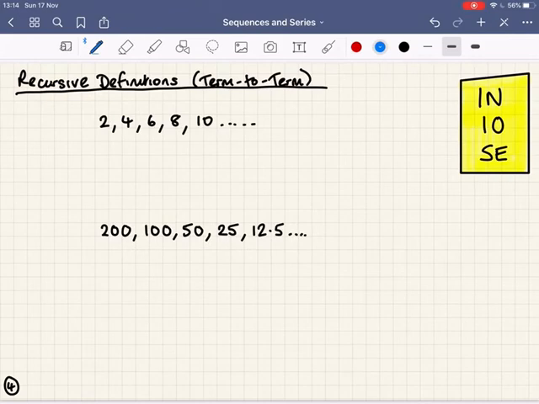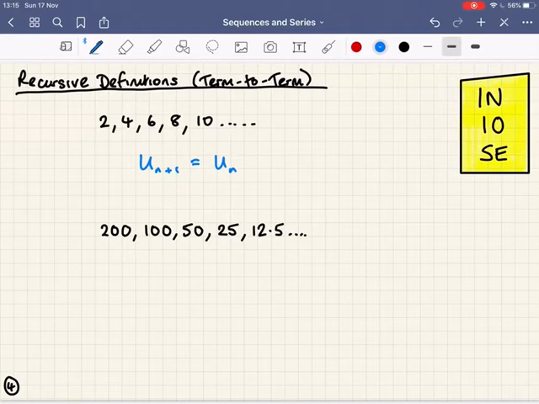What about rules for sequences? Well, there are two different ways in which we can define rules. The first rules are called recursive rules or recursive definitions, often called term-to-term rules. And this is where a sequence is defined based on the next term and its relationship with the previous term, hence term to term. So in the first sequence here, we'd have a rule that says un+1, in other words, the next term in the sequence, is equal to un, the previous term, plus 2.